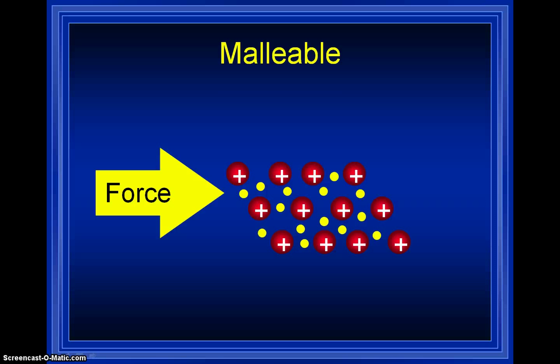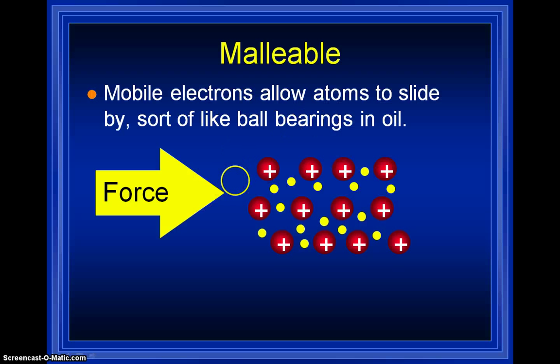Let's look at this again. Let's say this is a metal, and we have these electrons that are free to slide past each other. The little yellow ones are electrons. If I apply a force, then you can see how the metal can just shift and bend and form into a new shape. And that's because the electrons are mobile.